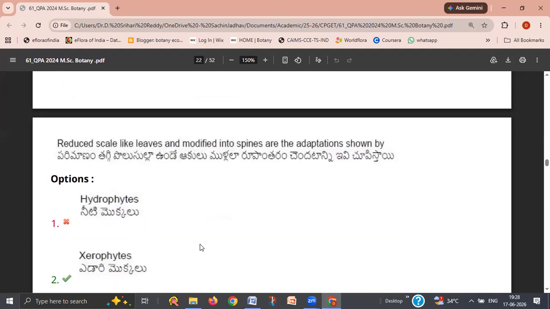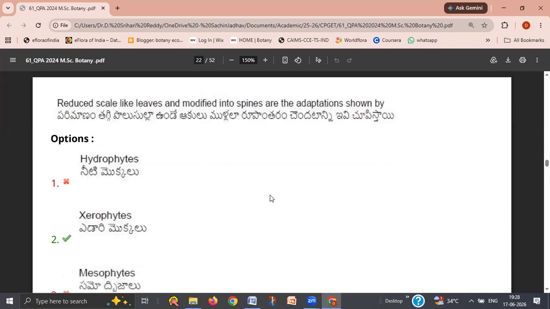Reduced scale-like leaves and modified leaves into spines are the adaptations shown by... So we know that this also belongs to ecology, adaptations of plants, adaptations of hydrophytes and xerophytes. Here they are asking about the reduction of leaves, either in the form of scale leaves or spines. It is related to xerophytes.